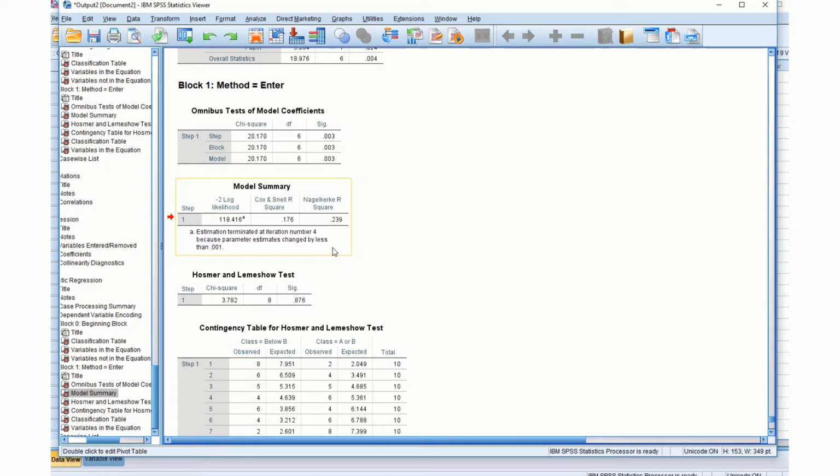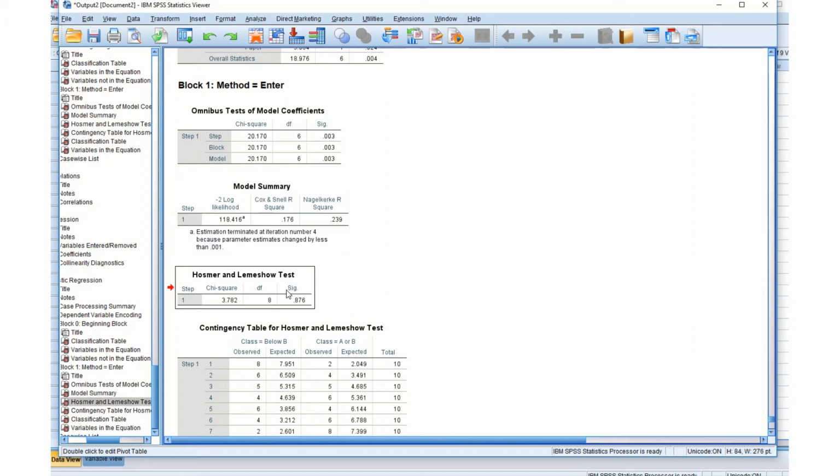The one we want to report is the Nagelkerke R square for logistic regression. So 0.239. Now, 0.239 may not sound super good, but it's not bad. In a Logit model, it would be significant, and it is significant in this model. So 0.239 is our R squared that we will report.